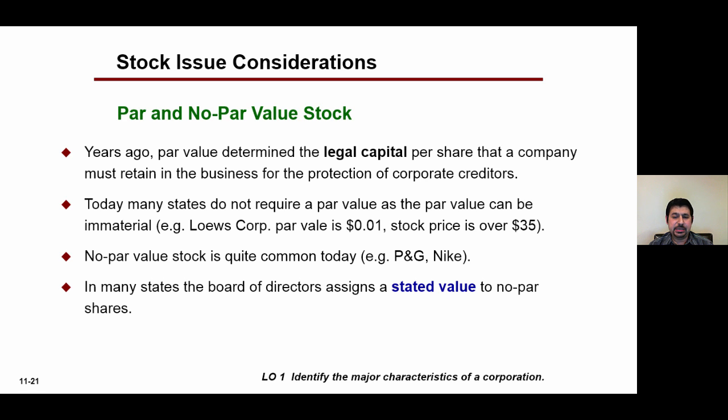And in certain cases, the company does not have a par value, such as, for example, Procter & Gamble, Nike, etc., which is very common nowadays. The board of directors sometimes might assign a stated value to no par stocks. So the par value is indicated in the state charter. The stated value is assigned by the board of directors.